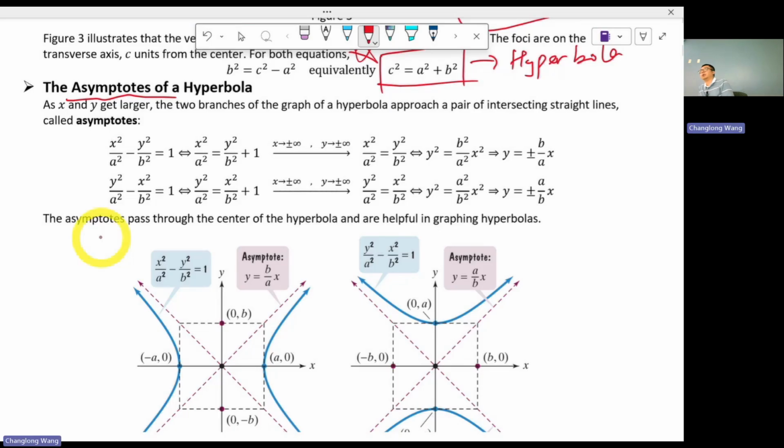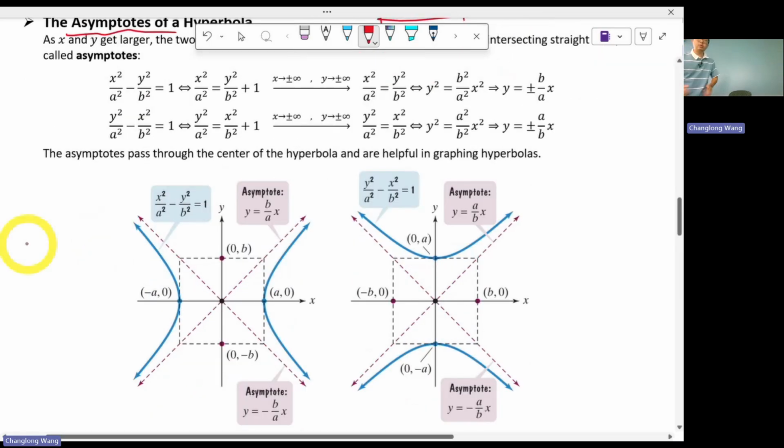But you know that lines could be either horizontal, vertical, or inclined, a slant line. In this case, we're looking at two possibilities for the hyperbola: a horizontal opening hyperbola and a vertical opening hyperbola. But either way, it's going to have two slant asymptotes. And you need to find the equation of both slant asymptotes.